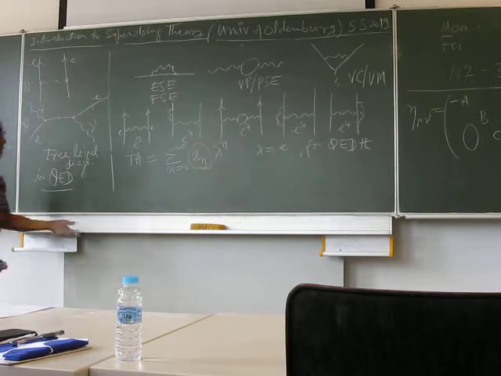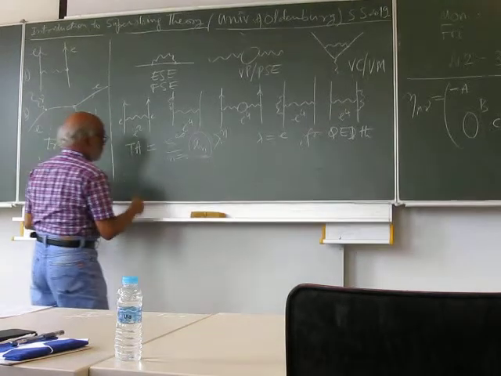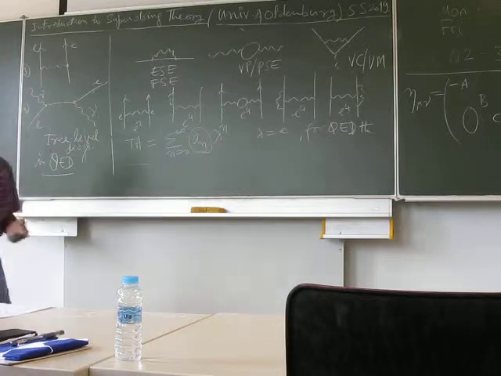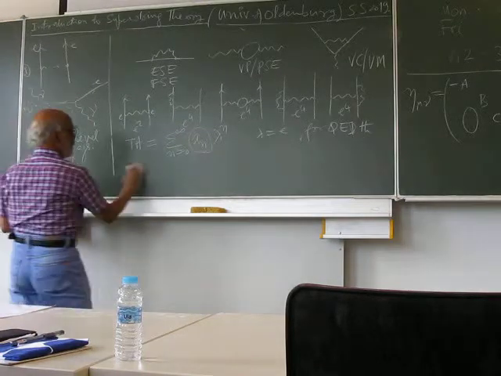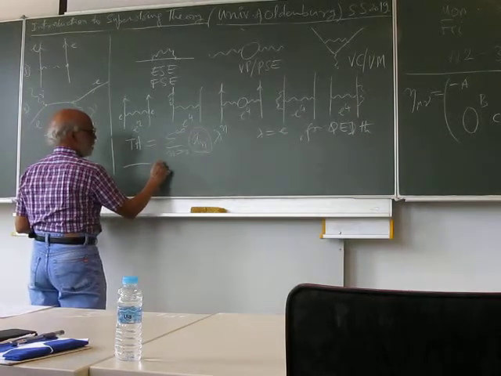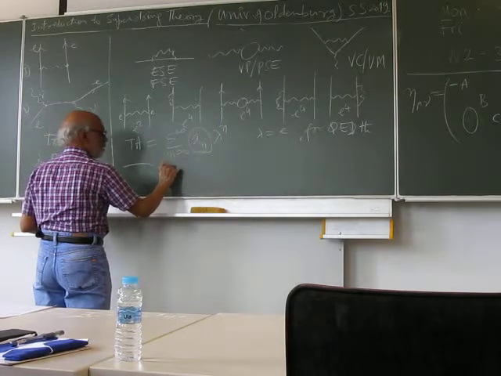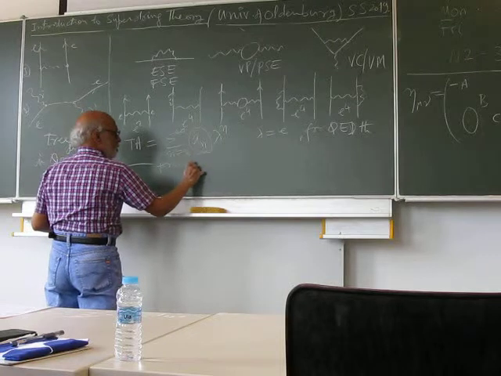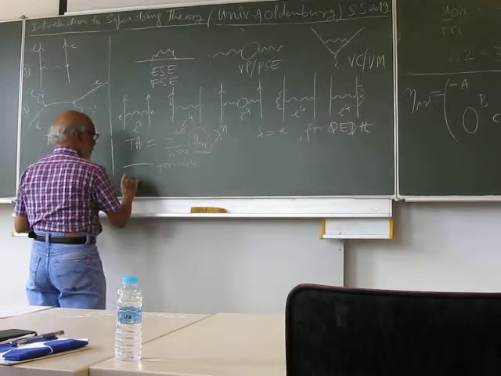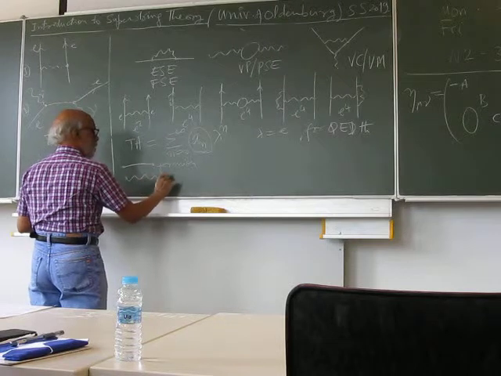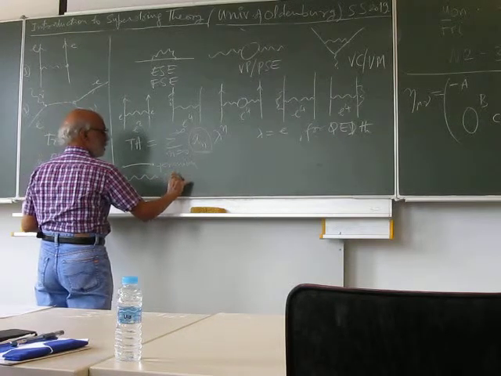So, in the literature, this means a solid line. A solid line means a fermion propagator. A wavy line means a photon propagator.